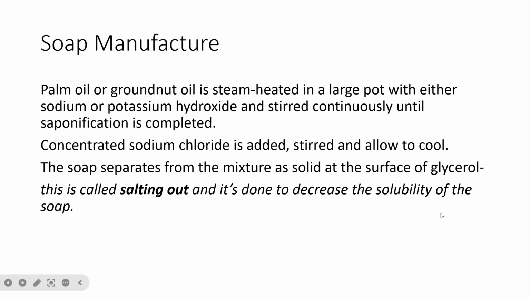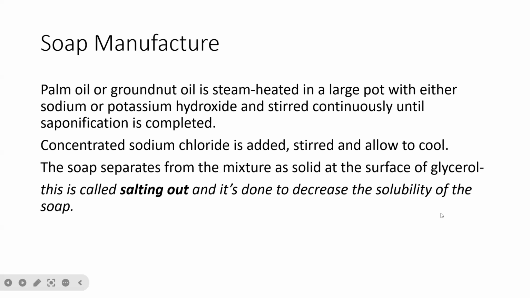So basically, let's run through the steps again. Palm oil or your triglyceride or your fat or oil is steam heated in a large pot with either sodium hydroxide or potassium hydroxide. This is stirred continuously until saponification is completed. Now, concentrated sodium chloride is added, stirred, and allowed to cool.